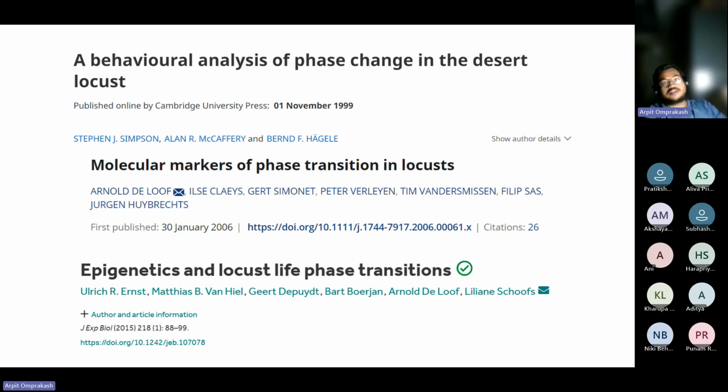Now people are looking at epigenetics and other behavioral analysis to see how these phase transitions occur in these individuals.